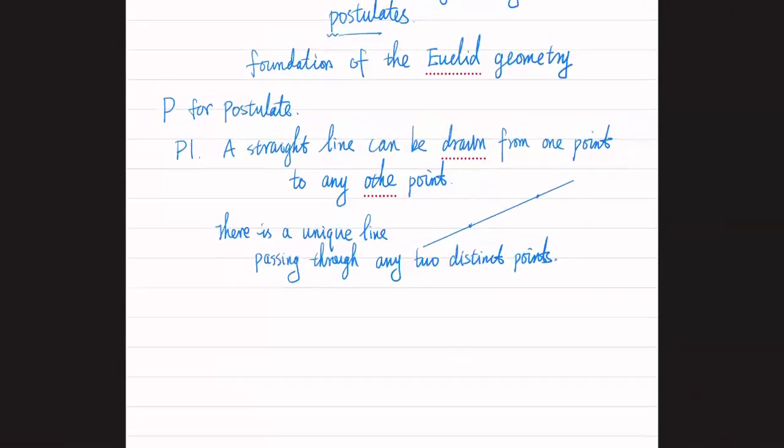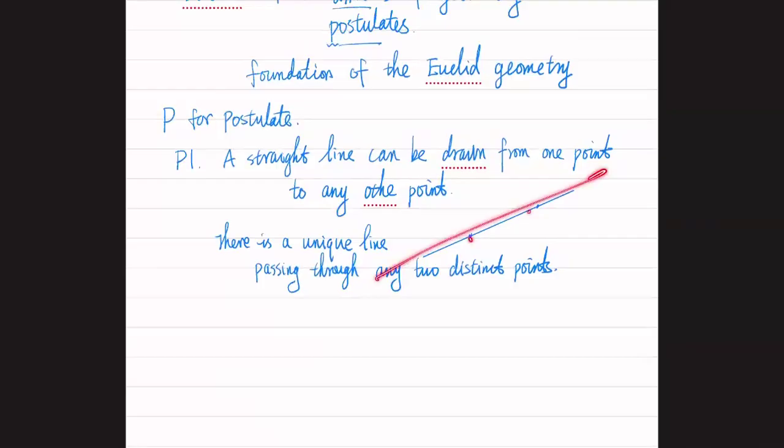Okay, that's the first postulate. Geometry is very easy. 2 points, 1 line.